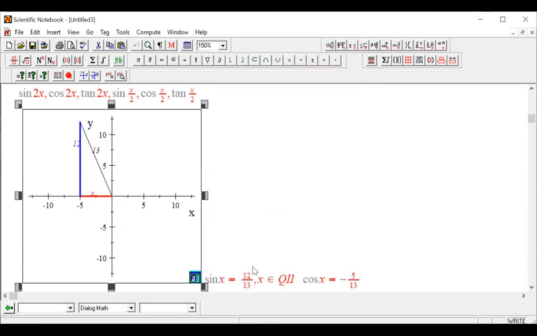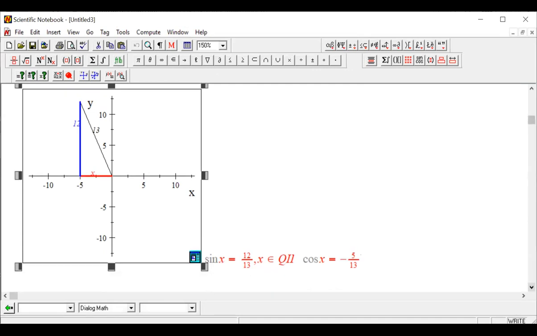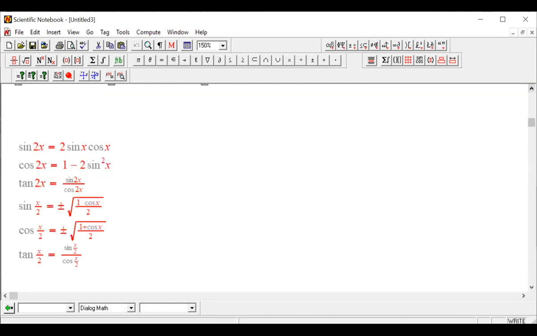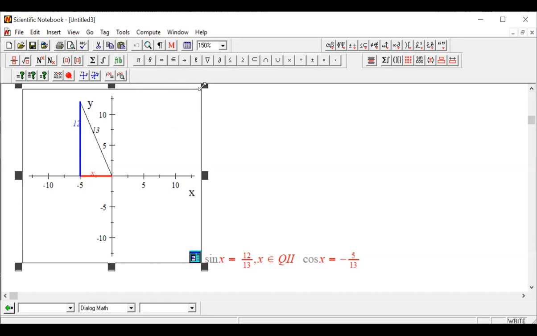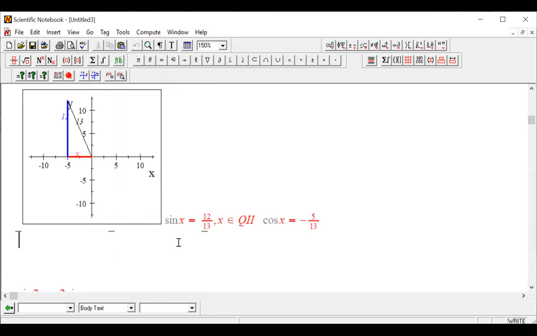Okay, so 13. To find x, we use the Pythagorean theorem, right? So we set up the Pythagorean theorem: x squared plus 12 squared equals 13 squared.